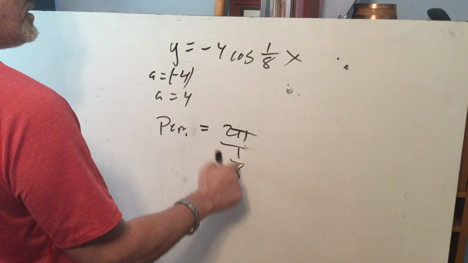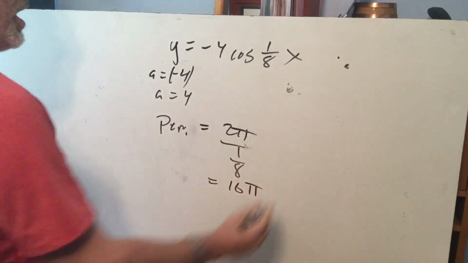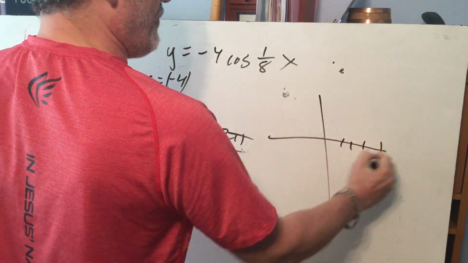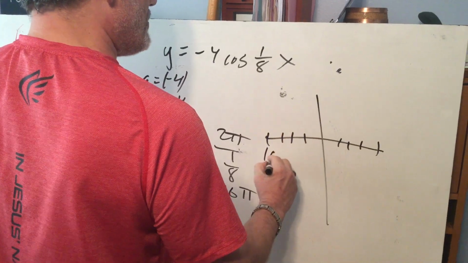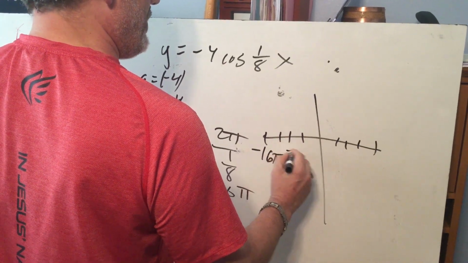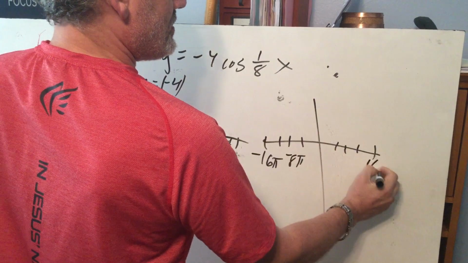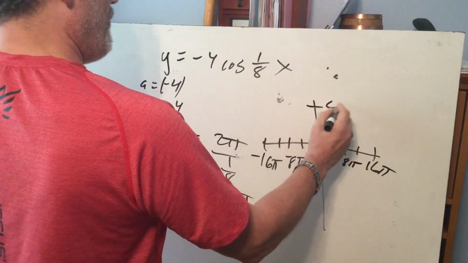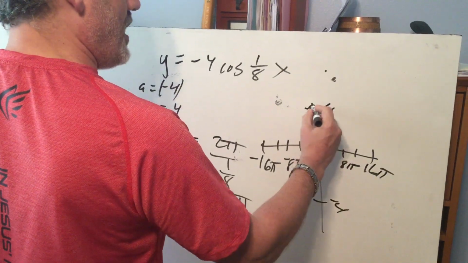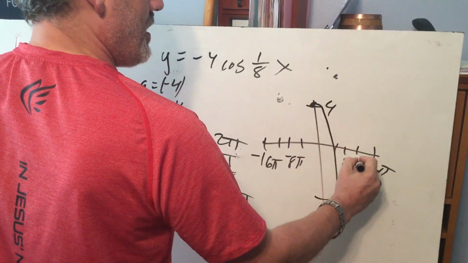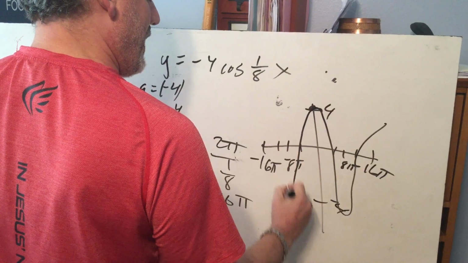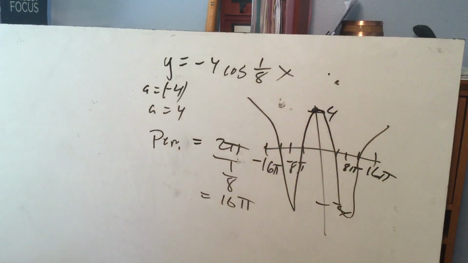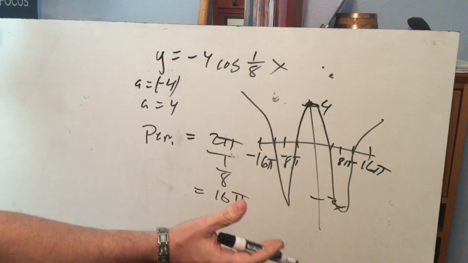When you put that as a decimal, it turns out to be 16 pi. You go 1, 2, 3, 4. 16 pi, negative 16 pi, 8 pi, negative 8 pi. It's cos 4 and negative 4. It's a W. Done. All right? Easy.